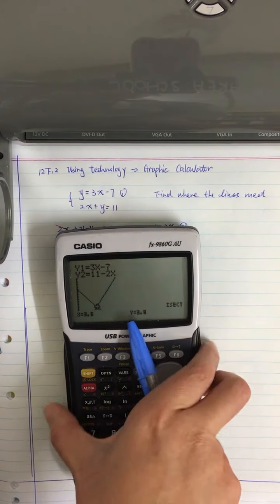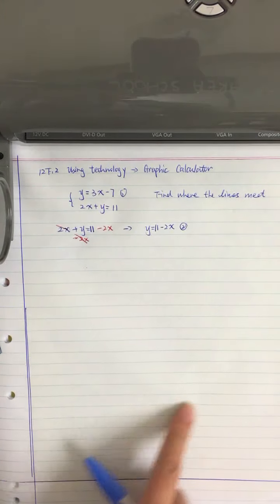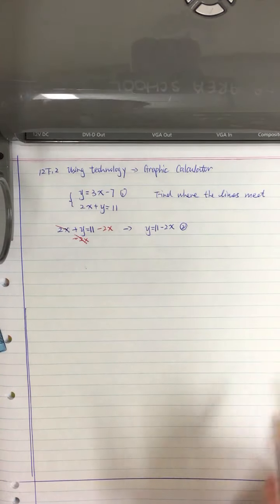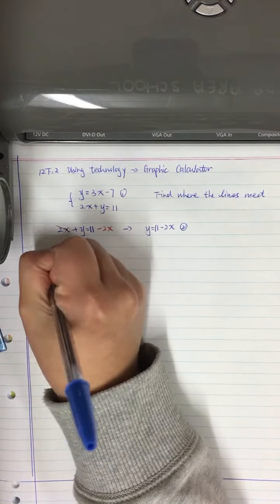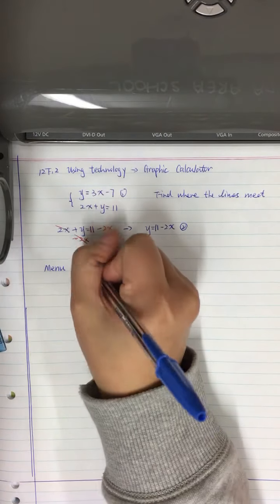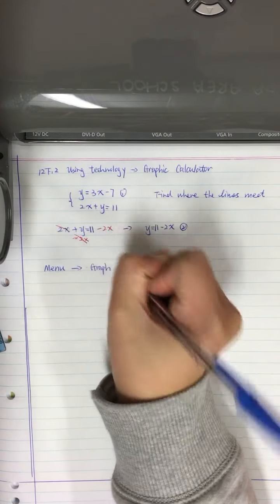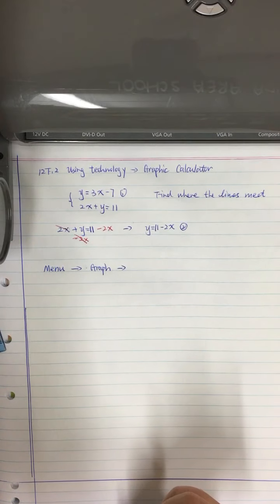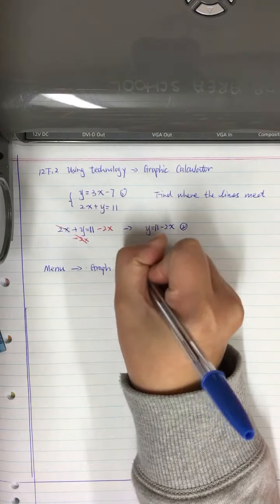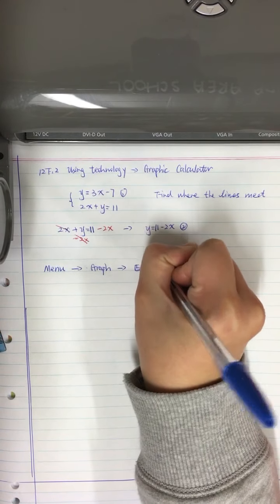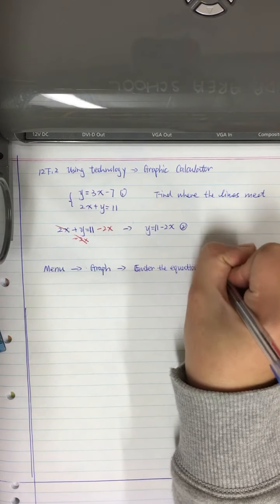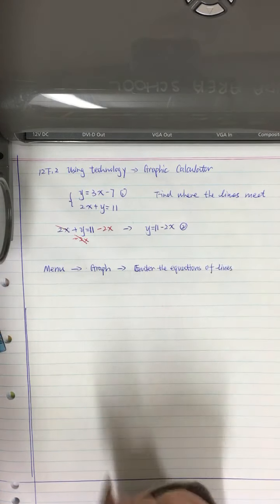Now I'm going to write down the process of using the graphic calculator. First we go to the menu, then you go to graph. Enter the equations of lines.